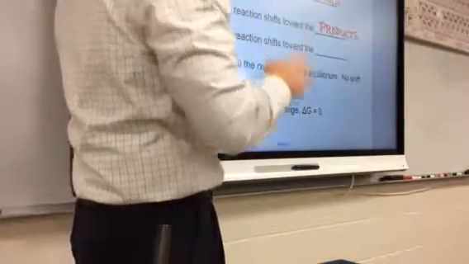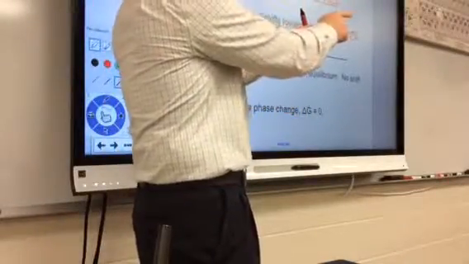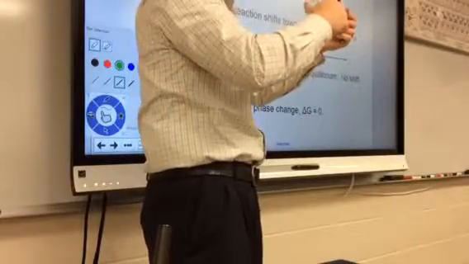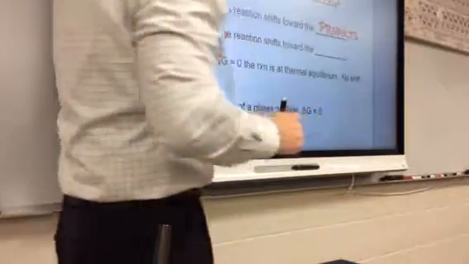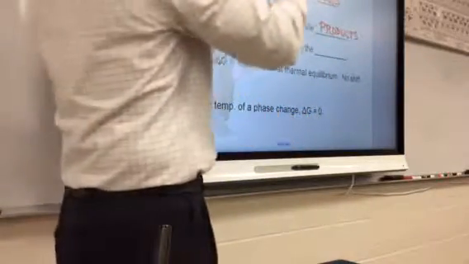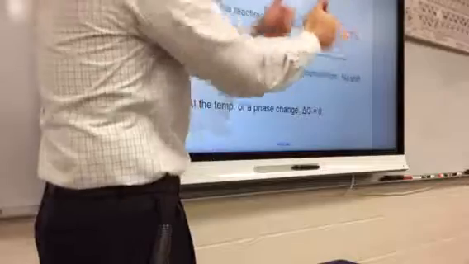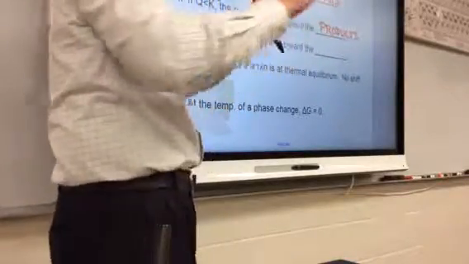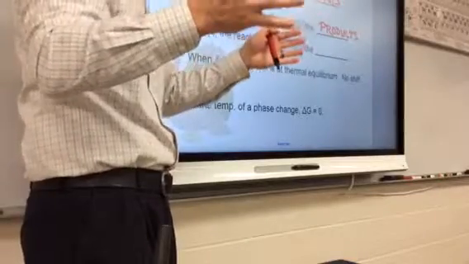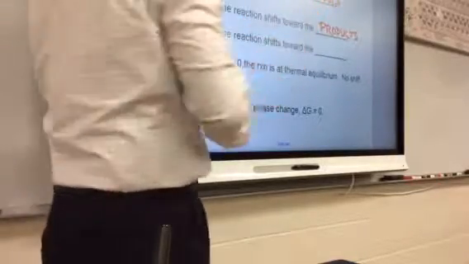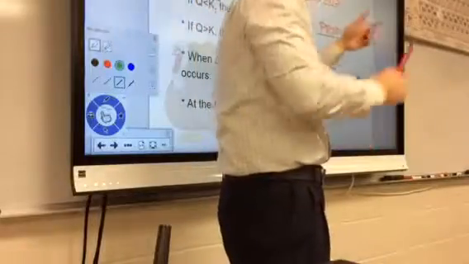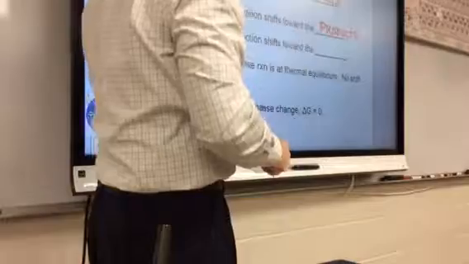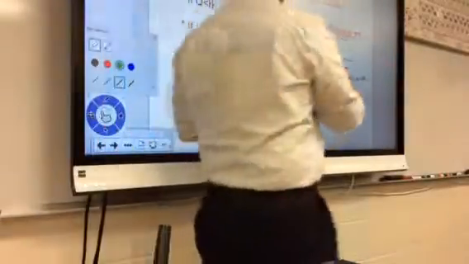So anytime Q is less than K, the reaction is going to continue going to the right until Q raises and equals K. If Q is greater than K, that means that the reaction winds up being product heavy, and it's got to shift back left until it equals K. When Q equals K, that's when the reaction stops. That's equilibrium, when Q equals K. So if Q is less than K, the reaction is going to make more products and increase until it becomes K. And if Q is greater than K, it's going to shift and make more reactants.